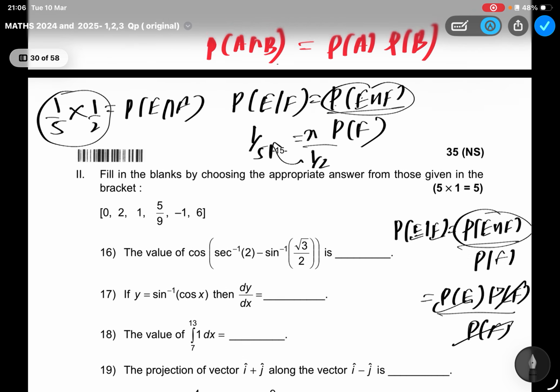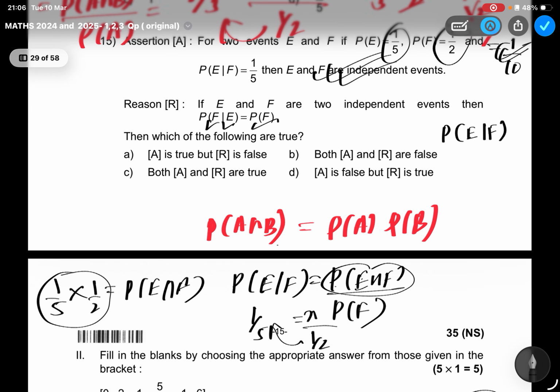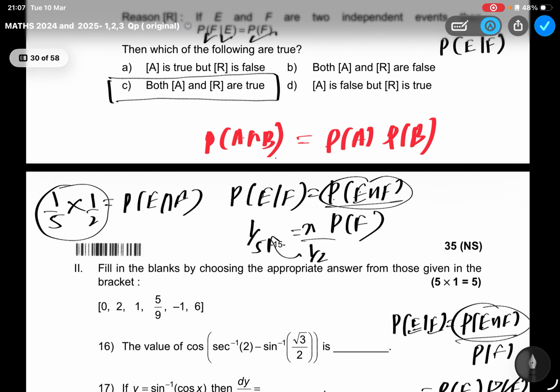I hope you understood. So both are true. Option C is correct. Both A and R are true.